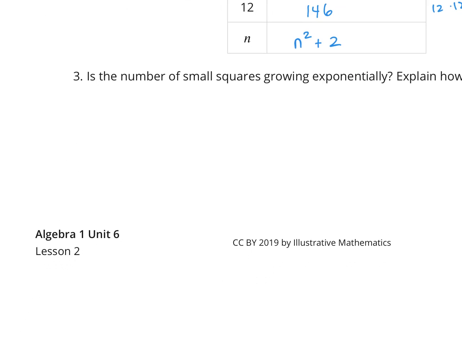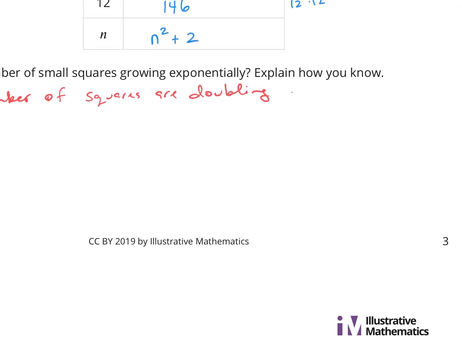So not only do we see that the number of squares are doubling each time and then adding an additional 2, we can also see that there is not a consistent growth factor. So the number of squares are doubling and adding 2.